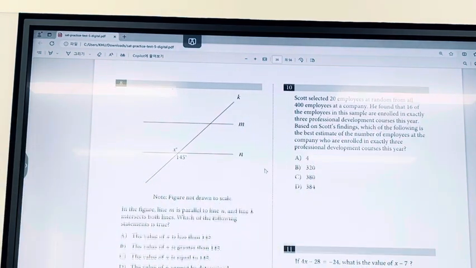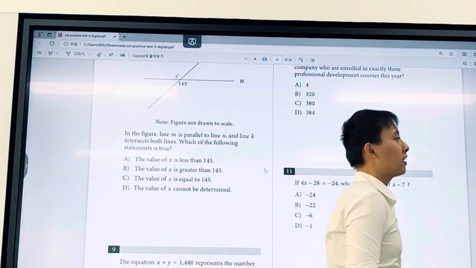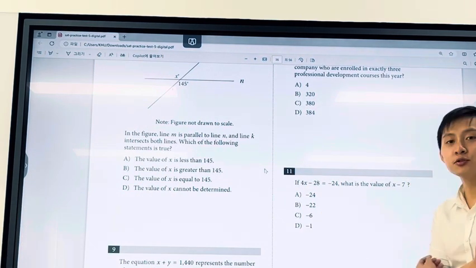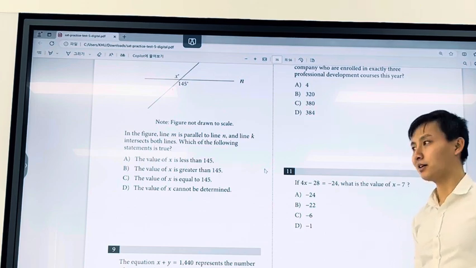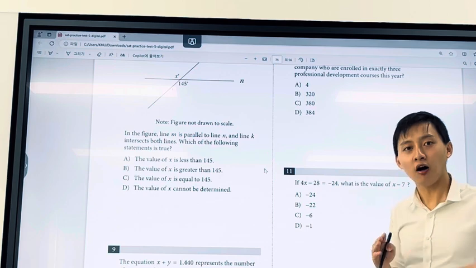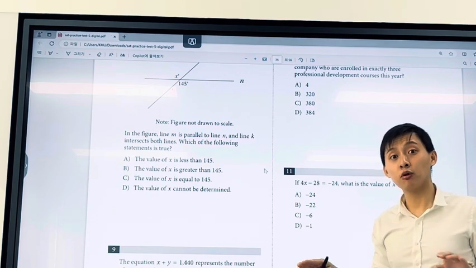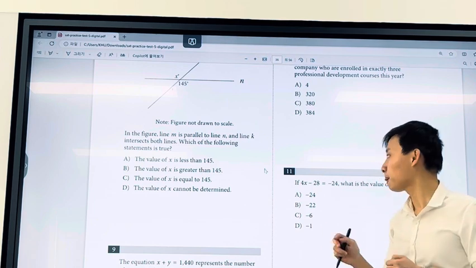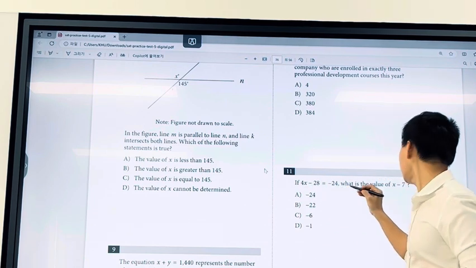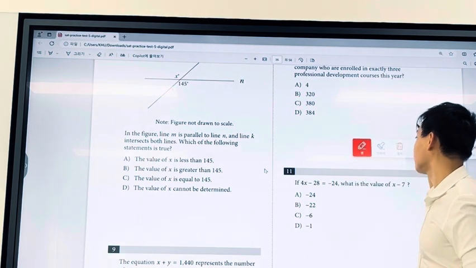Next one, question 11. What is the value of x minus 7? How can you solve this question? There are a lot of ways, but for the first step, I always encourage you to simplify any equation before calculating. So what is the common factor between 4 and 28?